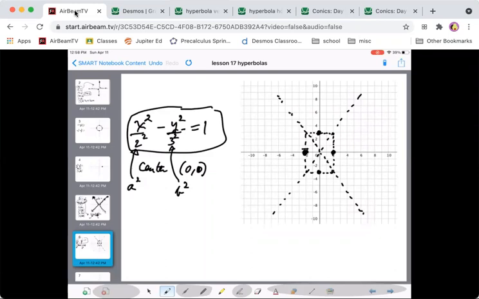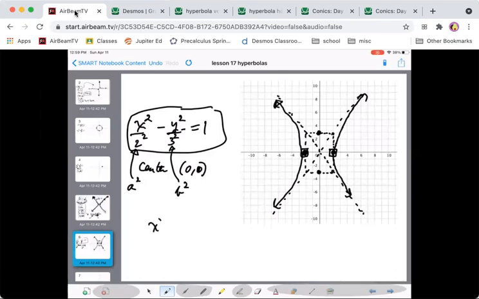Now, these 2 points are the vertices. And these other 2 points we don't use at all. So what you do is you draw the branches of the hyperbola, making sure they get closer to the asymptotes. Okay, and that's how you sketch the hyperbola.